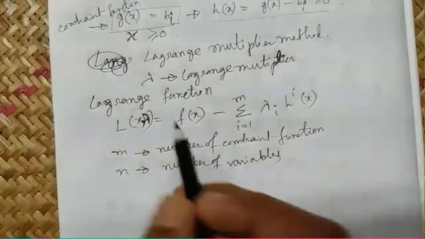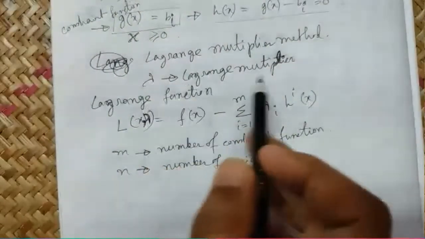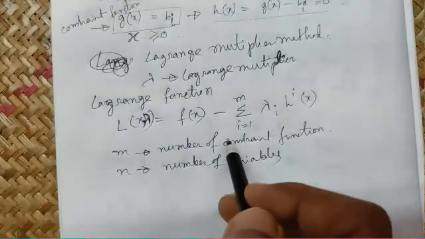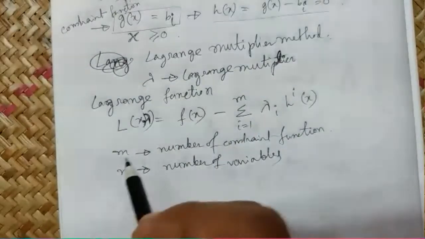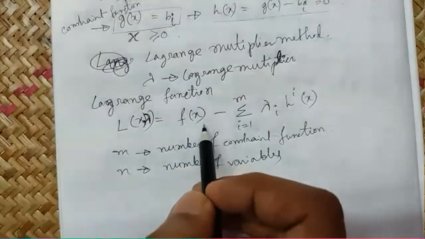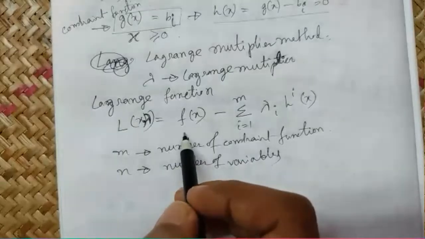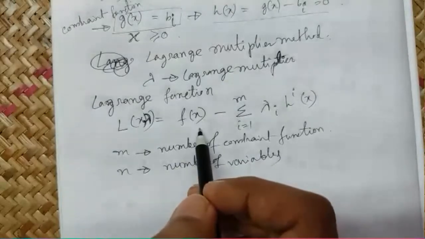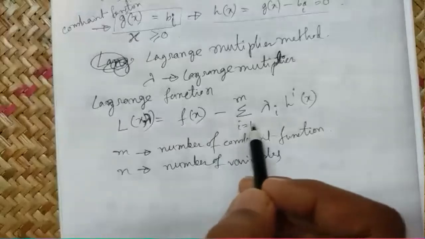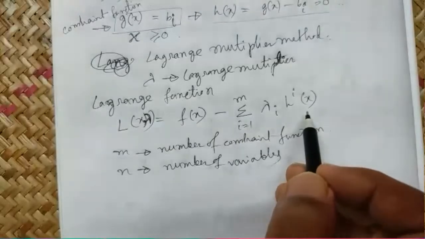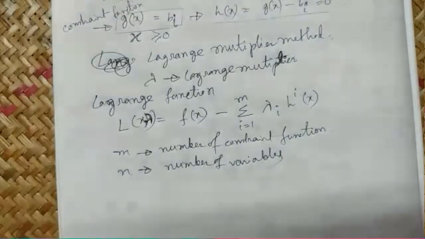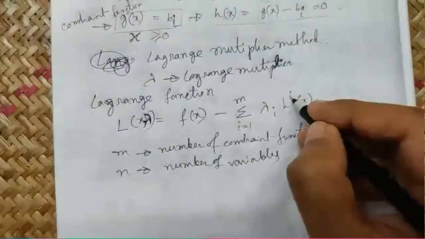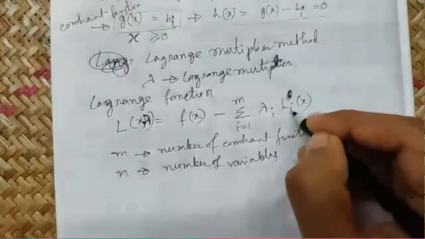Okay, so now lambda is the Lagrange multiplier which will be included in the Lagrange function. The Lagrange function will be written as f(x) minus summation of lambda_i h_i(x), where you can write i here instead of on top.